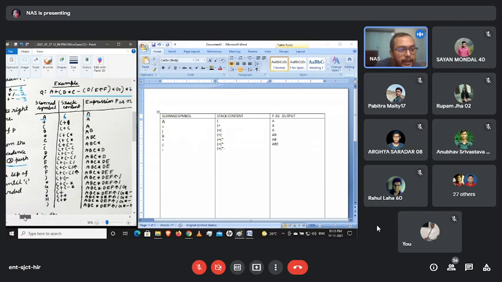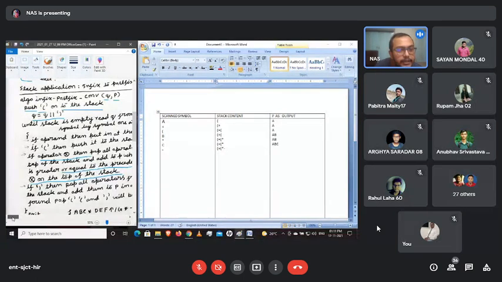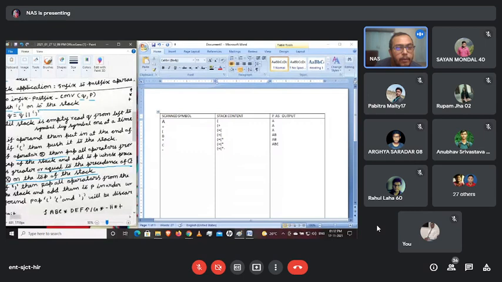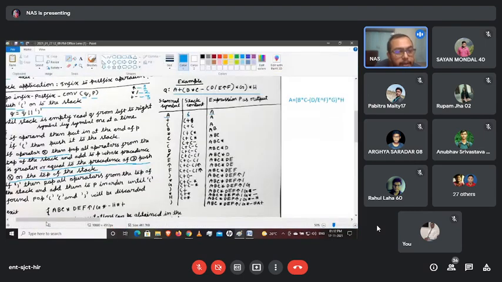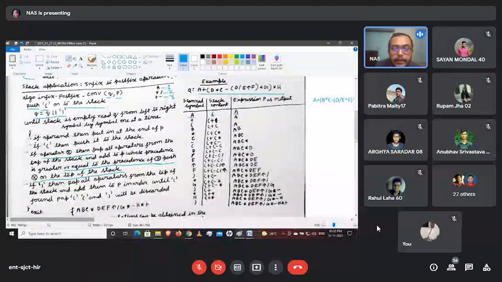If we encounter a lower precedence operator, then pop all operators from the top of the stack and add to the output those whose precedence is greater or equal to the precedence of the operator on the top of the stack.